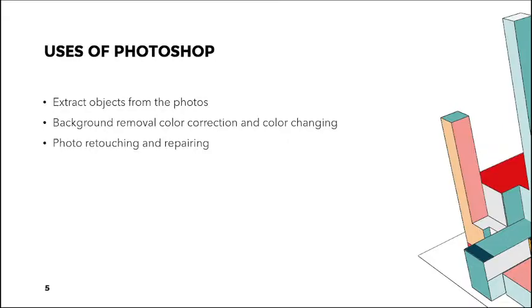Another thing is if your photo was found by a small child, he or she may have drawn on the photo and you want to remove those drawings and restore the original image.